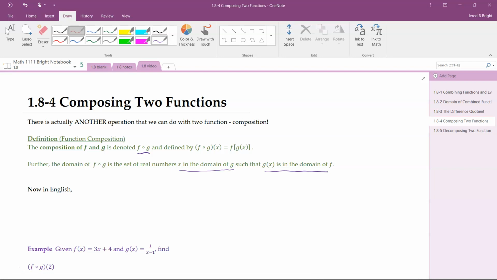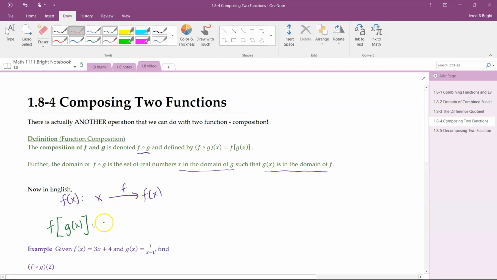When we have a normal function, f of x, what this is really saying is we take x, we run it through this function f, and we get an output. That's what we normally do. Now, when we do f of g of x, we have to work from the inside out, PEMDAS.